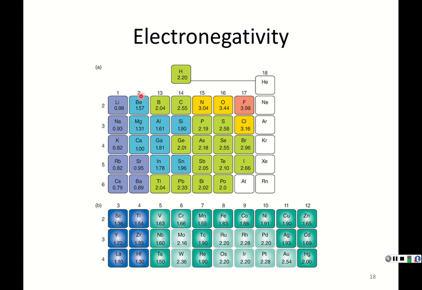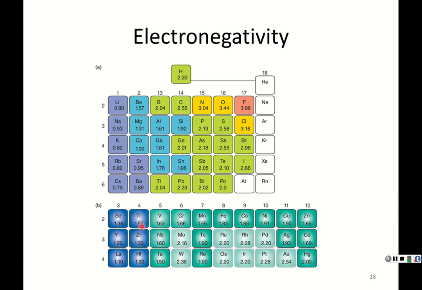So that's in general. If you're comparing elements in the same row, you're good with that. If you're comparing elements in the same group, you're pretty good with that trend. But comparing two elements in different rows or different groups, especially different rows, it becomes a little bit more challenging.